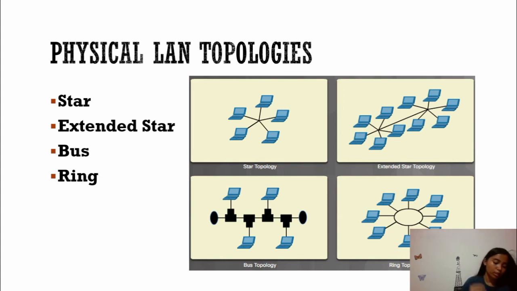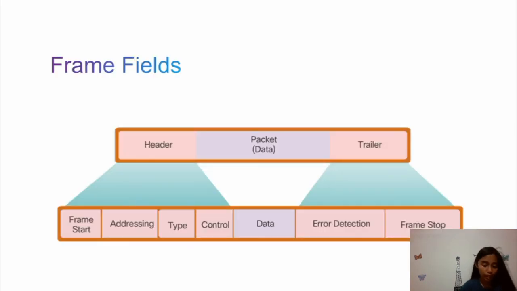So let's proceed to the next one. We have the frame fields. For the frame fields, we have the header, the packet data, the trailer, and the parts of the header are frame start, addressing, type, and control.